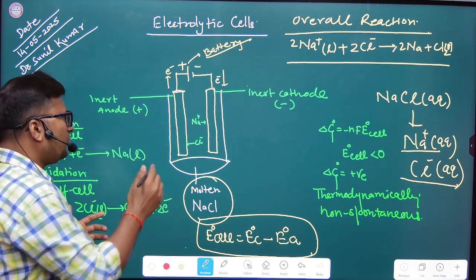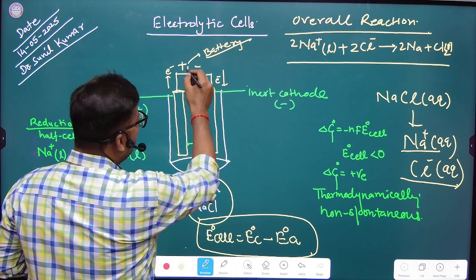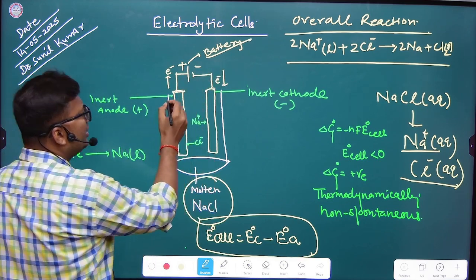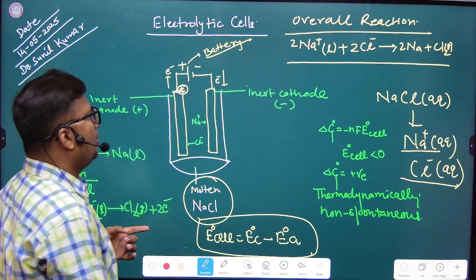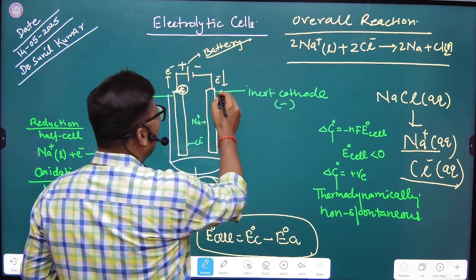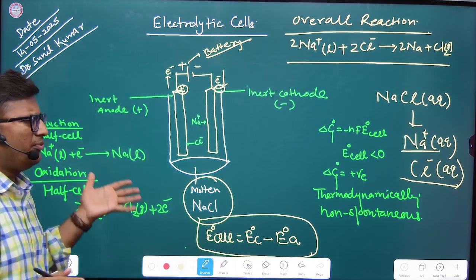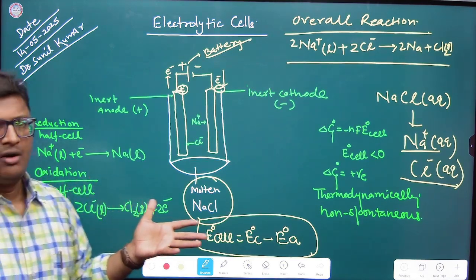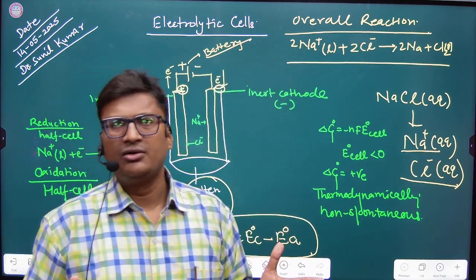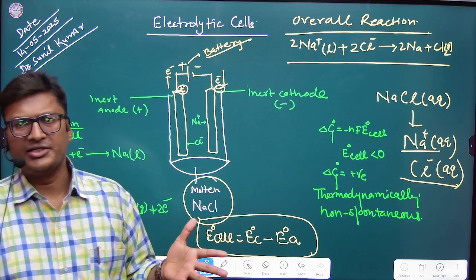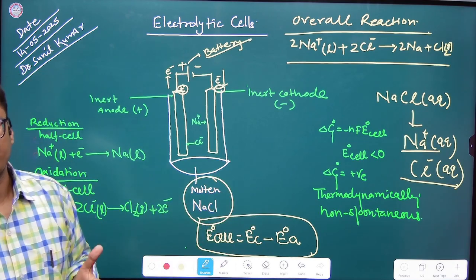Once this inert electrode is connected with the positive pole of the battery, it attains positive charge, right? While the second electrode gains negative charge. But in the case of the Daniell cell, what you have seen is that the first electrode attains a negative charge, while the second electrode attains a positive charge.